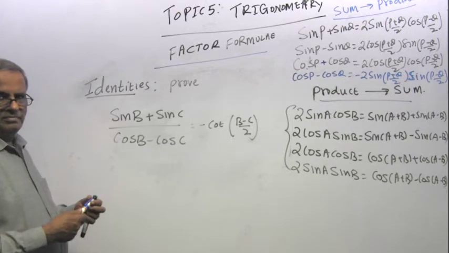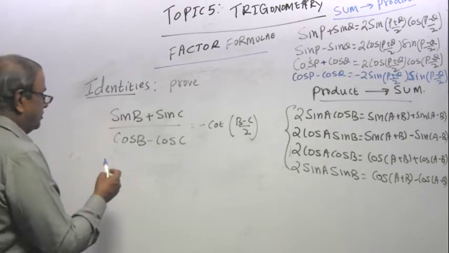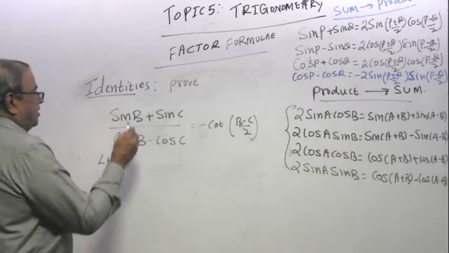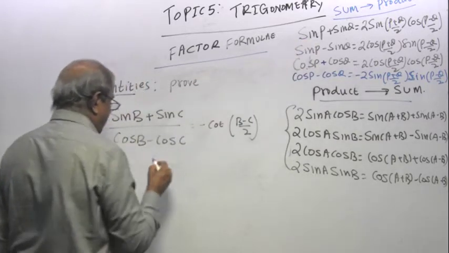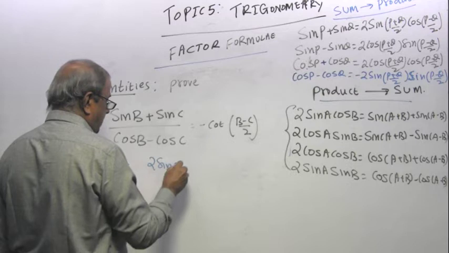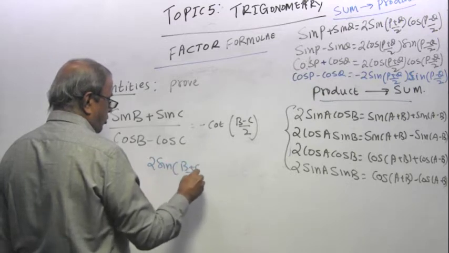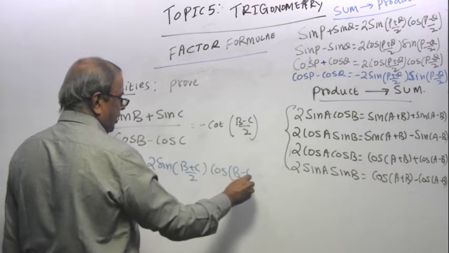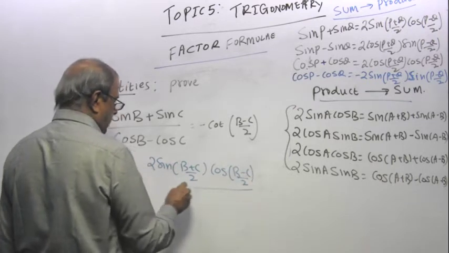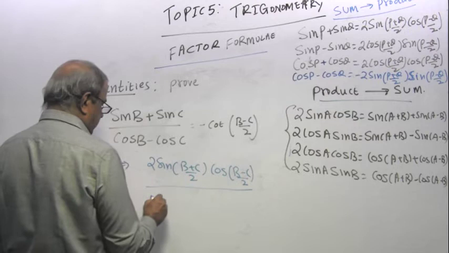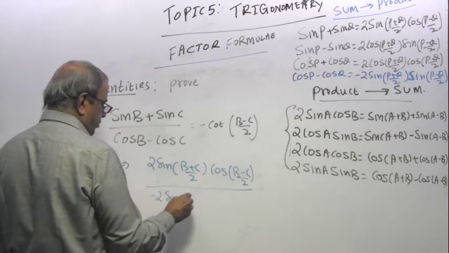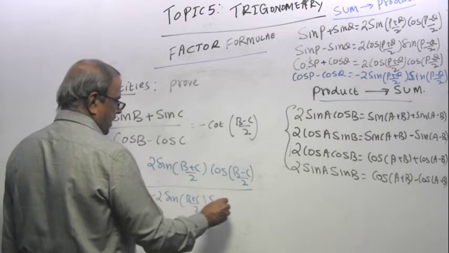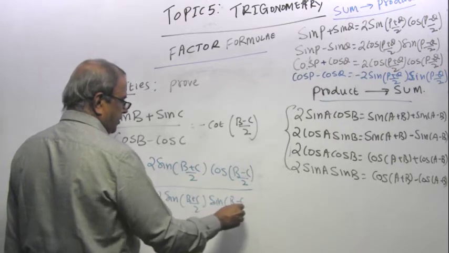So, as usual, start from the left. Sin B plus sin C is 2 sin of (B plus C) over 2 cos of (B minus C) over 2, over cos B minus cos C, which is minus 2 sin of (B plus C) over 2 sin of (B minus C) over 2.